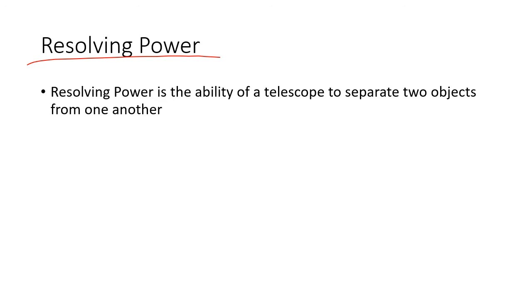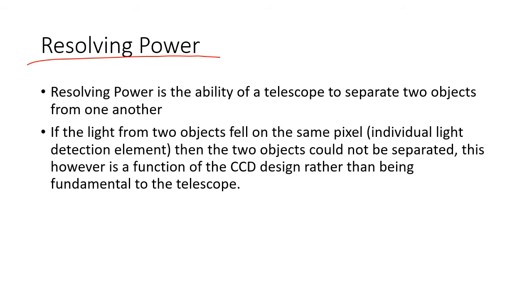The harder one to understand is resolving power. Resolving power is the ability of a telescope to separate two objects. Now, what do I mean by that? To give you an example, but it's not quite right: if the spacing of the pixels was quite large and light from two objects falls on the same pixel, then there's no way the telescope can tell them apart.